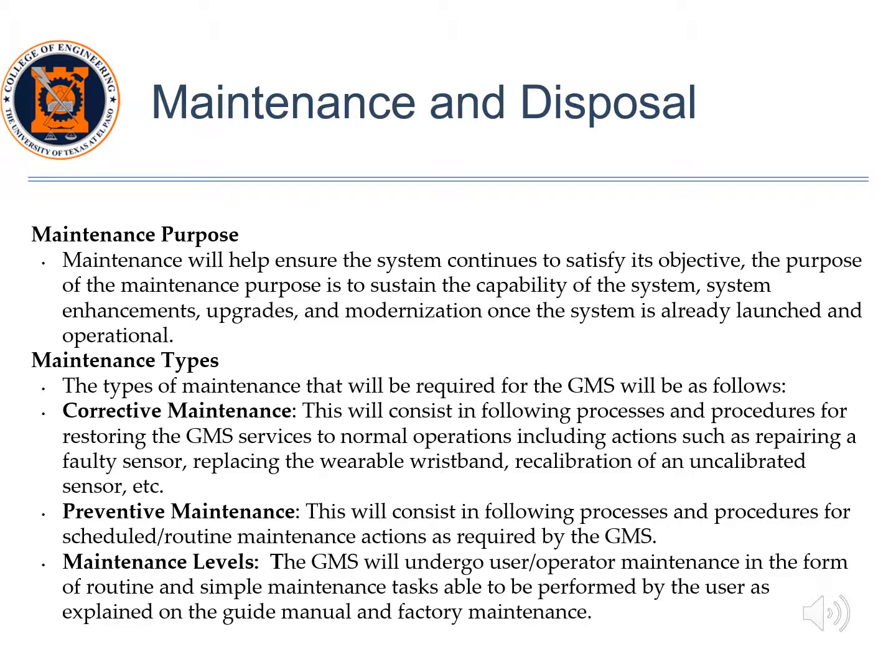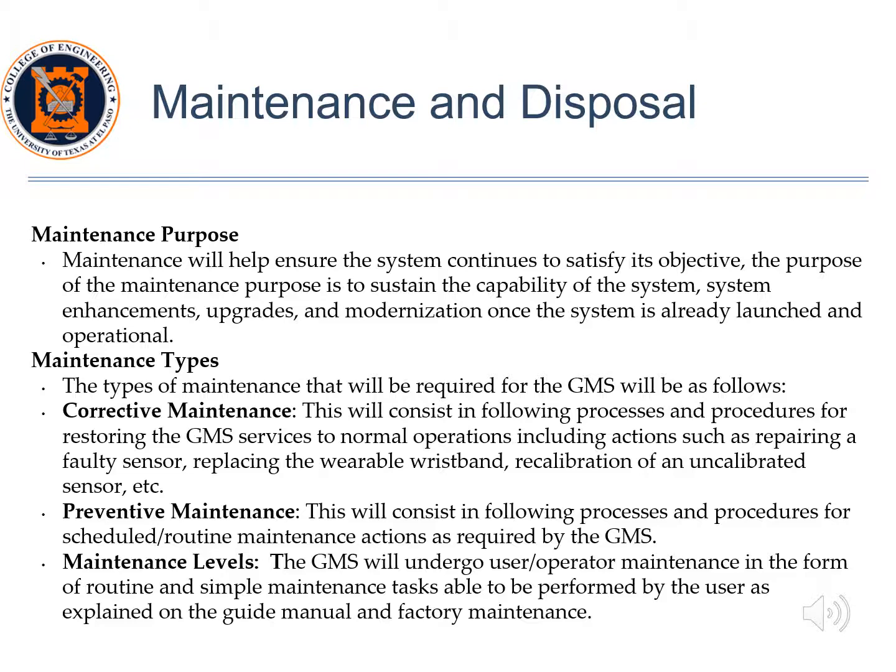Corrective maintenance. This will consist of following processes and procedures for restoring GMS services to normal operations, including such actions as repairing a faulty sensor, replacing the wearable wristband, recalibration of any uncalibrated sensor, etc. Preventive maintenance.